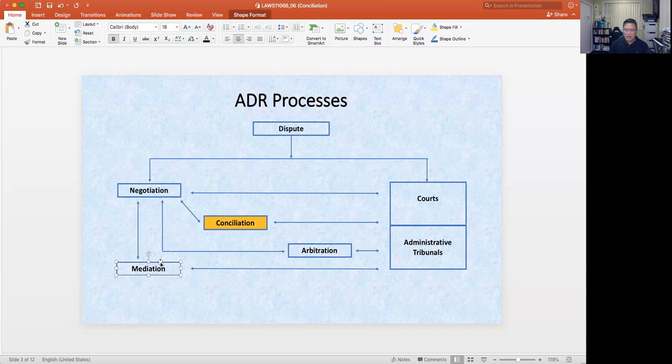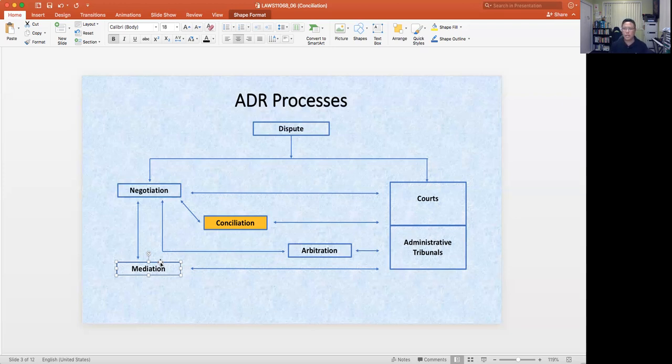And again, in many cases, maybe about 85% to 90% of cases which are commenced in court are eventually settled by the parties themselves, either through negotiation or mediation or even conciliation.